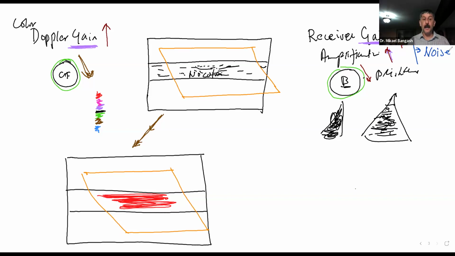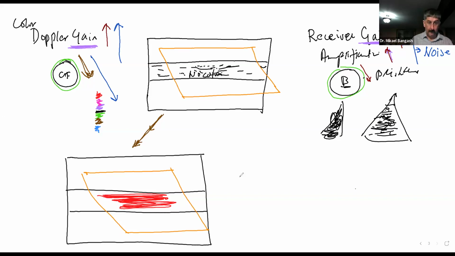So can the same happen in a color Doppler? Yes. If you keep on turning this knob clockwise, of course there's going to be too much color Doppler gain.